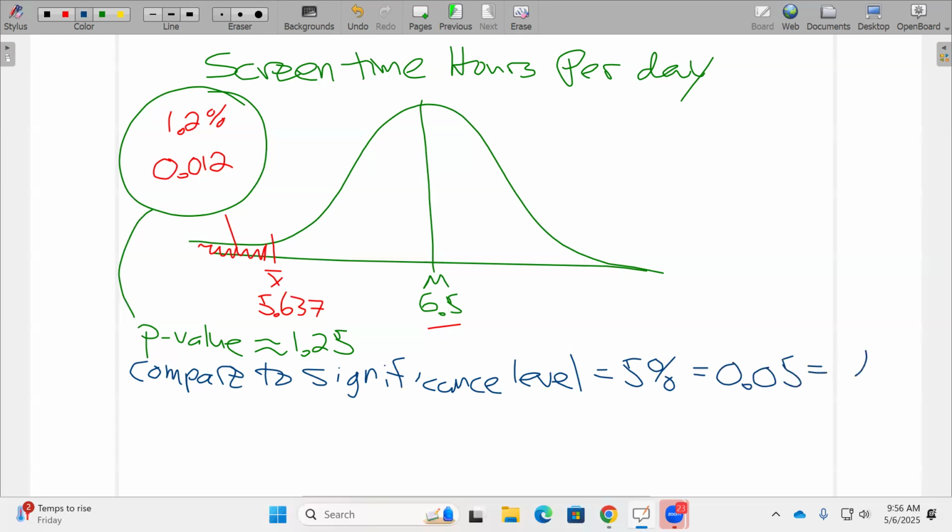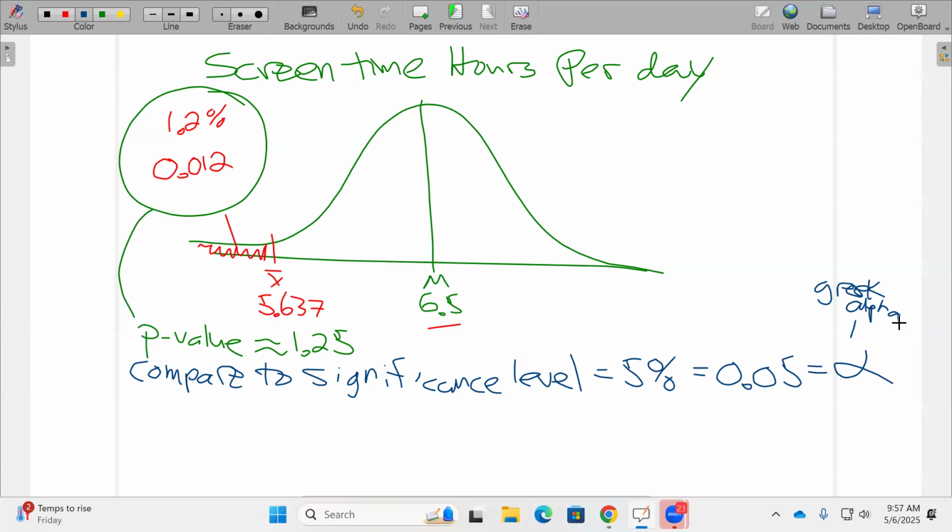And that is called alpha, the Greek letter alpha there. Sometimes we might make it smaller. If this was a matter of life or death, I might make alpha a little smaller than 5%, like 1 or 2%. If it's just casual curiosity, we might make it 10%, but 5% is the typical cutoff.